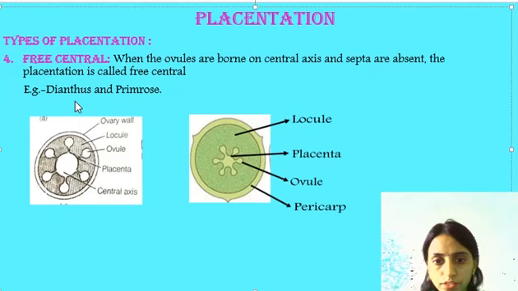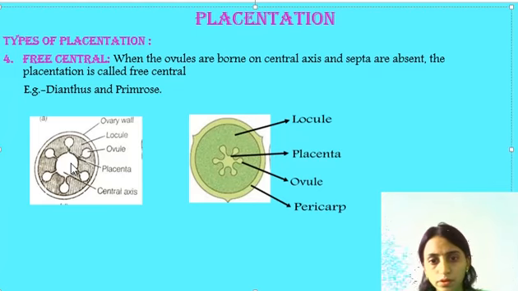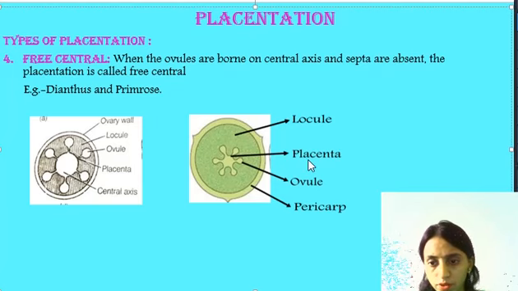Fourth one is free central. Here the ovules are borne on the central axis and there is no formation of septa. Such type of placentation is known as free central placentation.